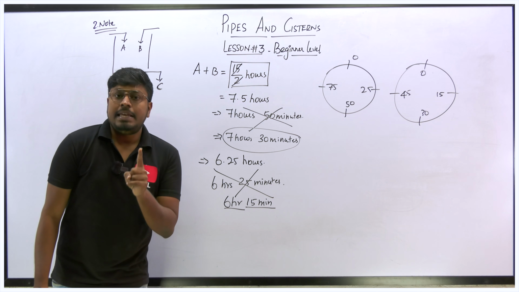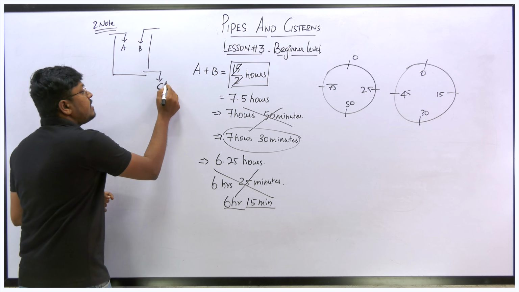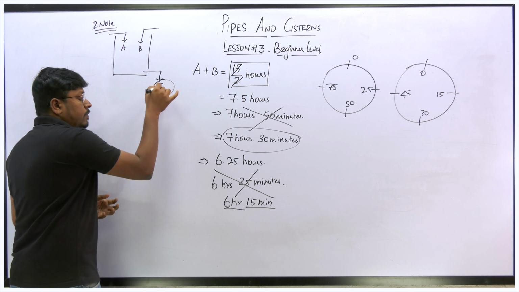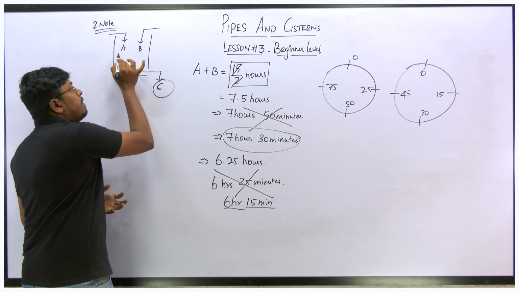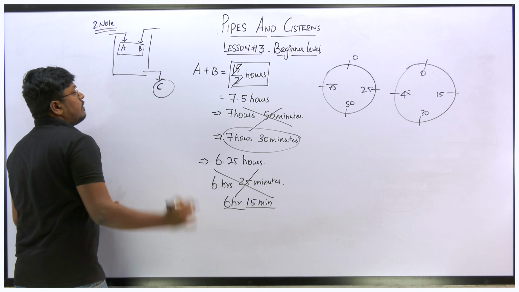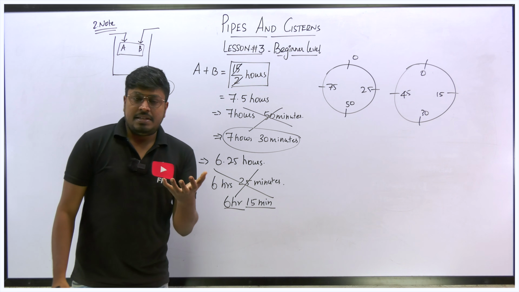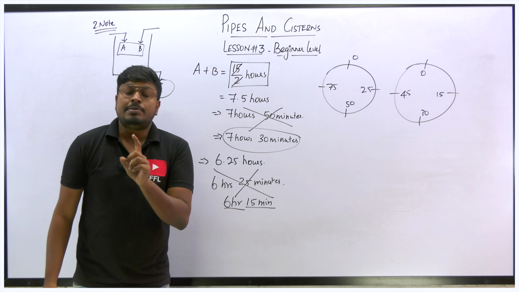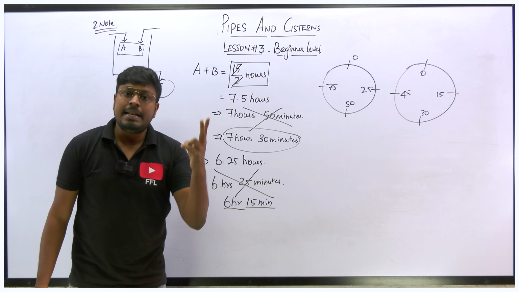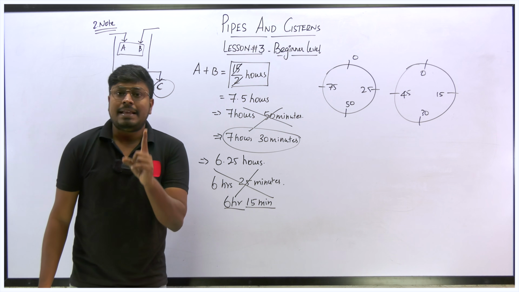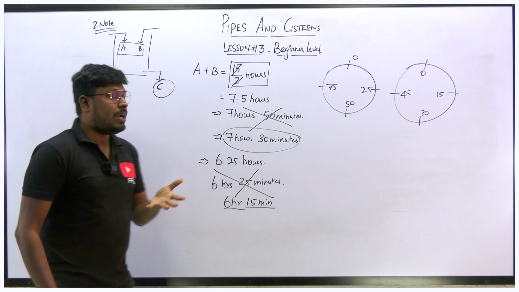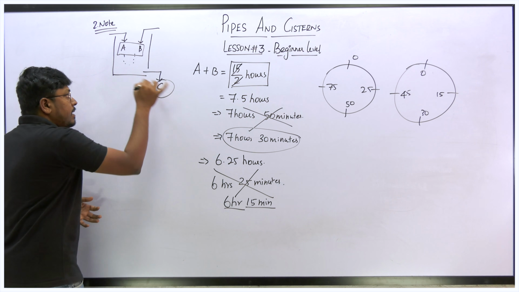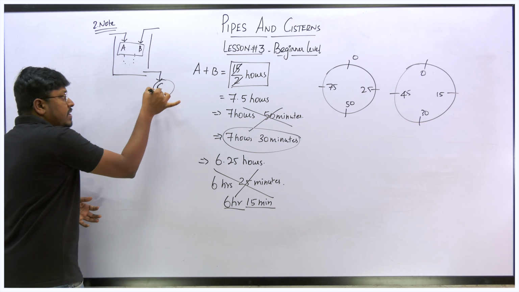Always remember that if the outlet water flow is more when compared to both the inlets, when tap C, the outlet pipe, is more efficient than both the inlet taps, then definitely the tank will not be filled. Whatever water comes from both the taps will be emptied immediately. Why? Because the tap C efficiency is more.